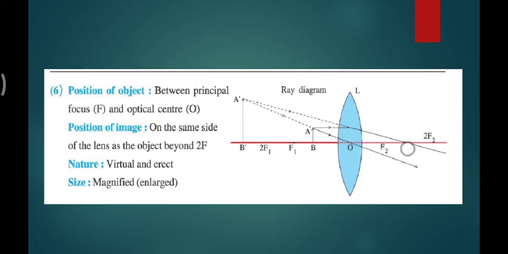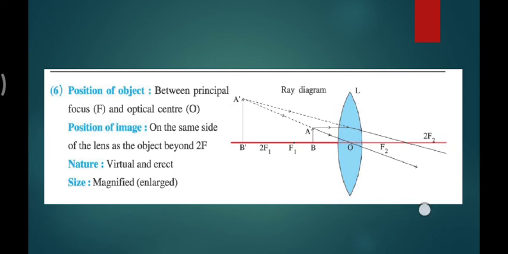As you can see, both are diverging from each other. It means they never meet at any point. So the refracted ray you have to extend backside, it is exactly parallel. You have to put your scale in this direction and extend up to some limit. This ray also you can extend, and they meet.